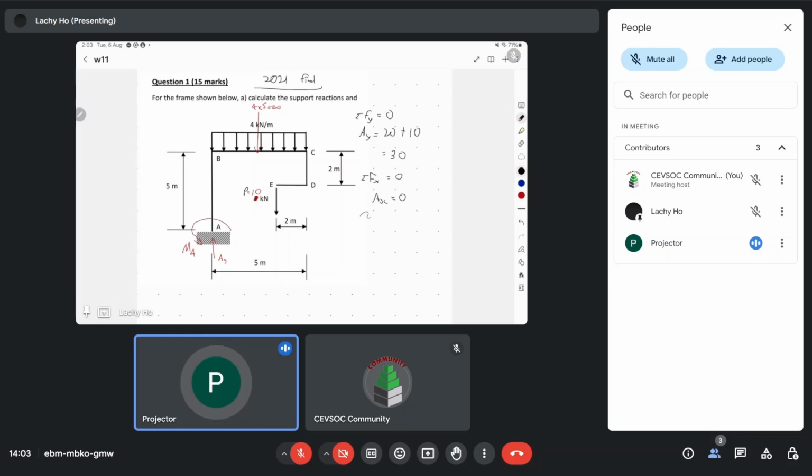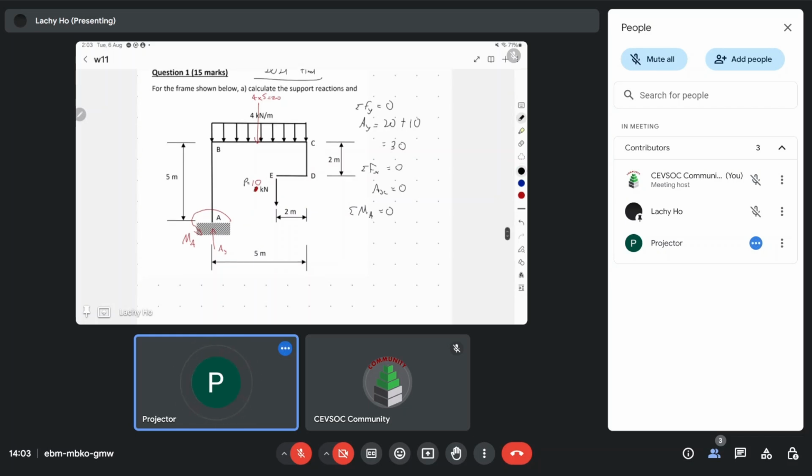Finally, we have to solve for the moment. We do the sum of the moments at A. We have our UDL acting 20 kilonewtons straight down the middle, so times 2.5, plus P, which is 10, times 3 meters, equals MA.